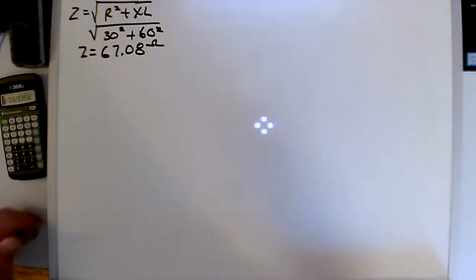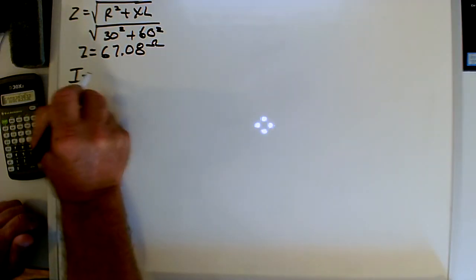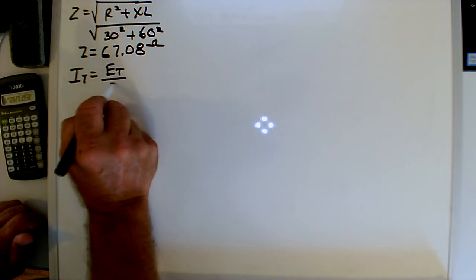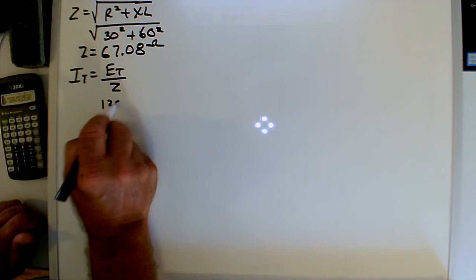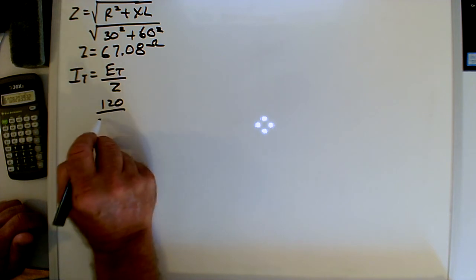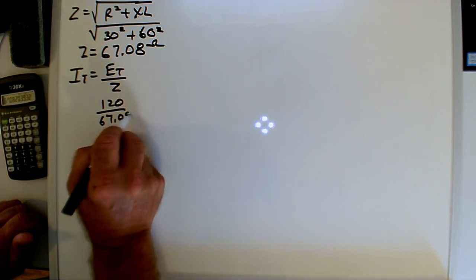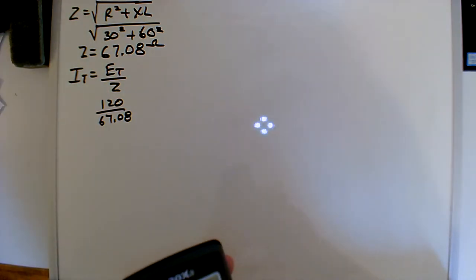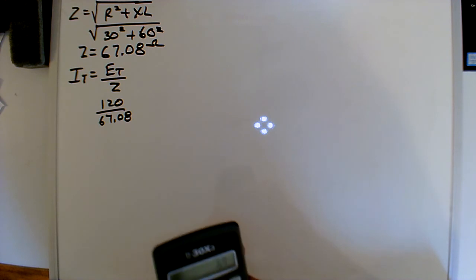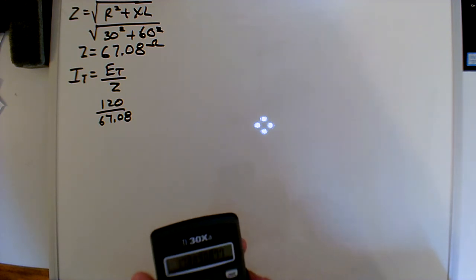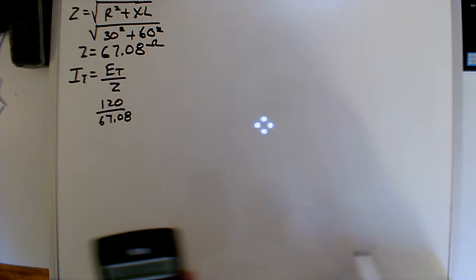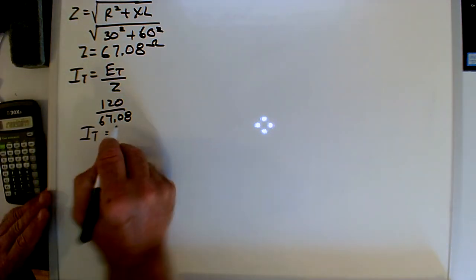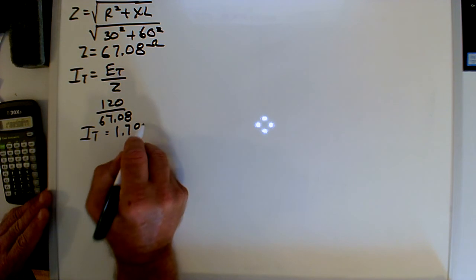So the formula for IT would be IT is equal to ET divided by Z. In this case, 120 volts divided by 67.08 gives me 1.79 amps. Yeah, so IT is 1.79 amps.